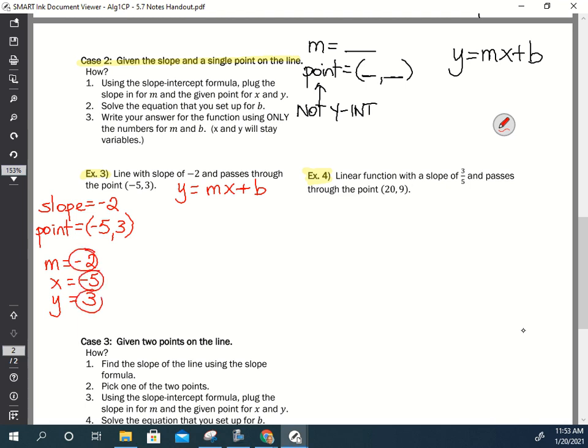Take the 3 numbers that we know and plug them in. So y is 3, m is -2, x is -5, and b you don't know. So the first step is to plug everything in.